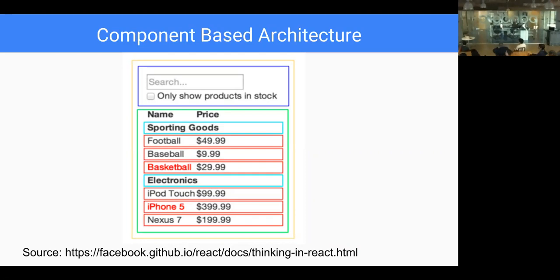And in order to make a list of stuff, I'm going to make a bunch of items and then use those items in an array, right? So here, this is my list of stuff, this products component. And then I've got a bunch of these items inside of it. So this category item or this product item.